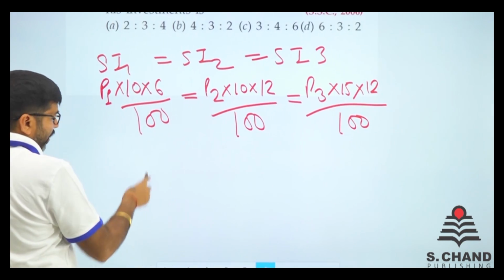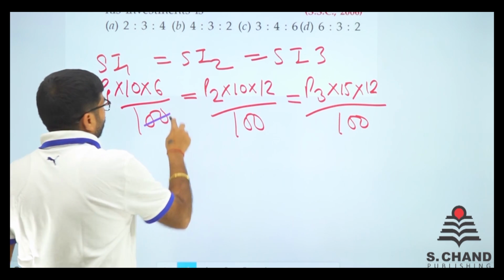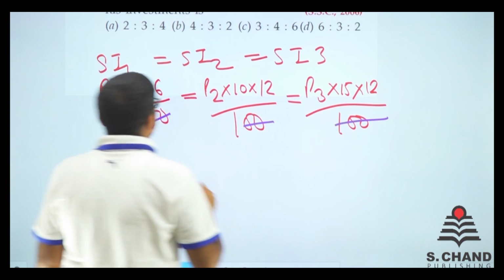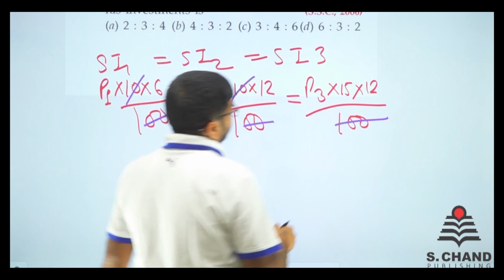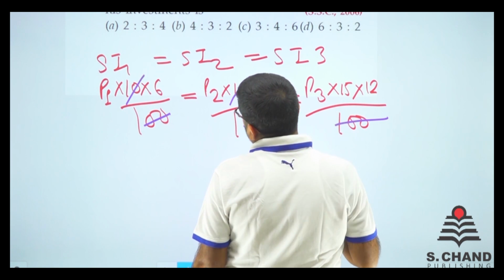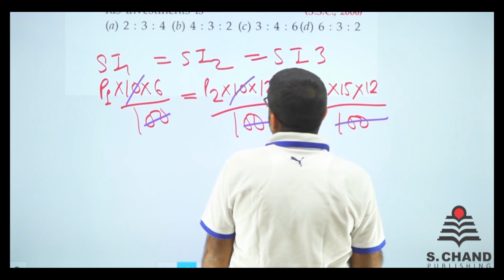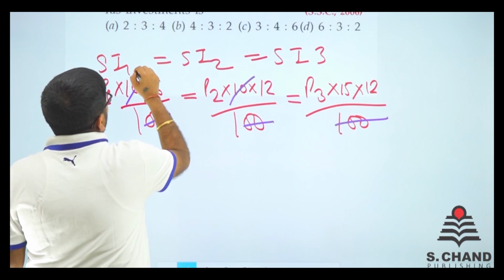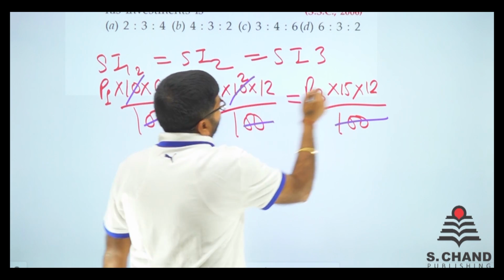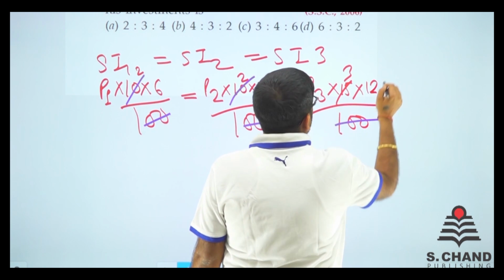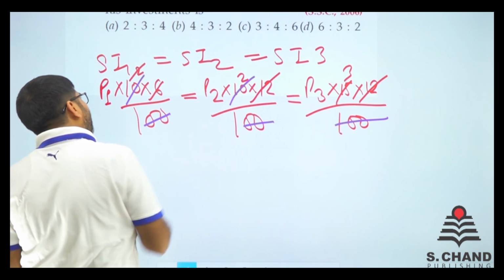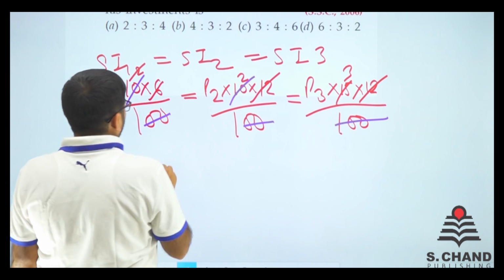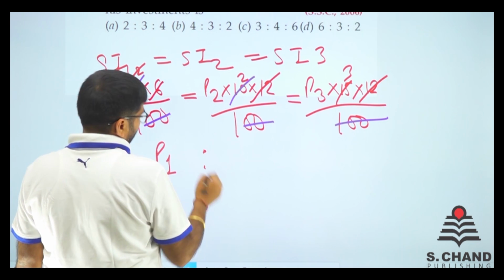All these 3 expressions are equal, so just divide all of this. Okay, 10, 10, and we can do 10, 5, 2 and 3. We'll go for 12, 12 and 6 into 2, 12. So here we are left with P1.